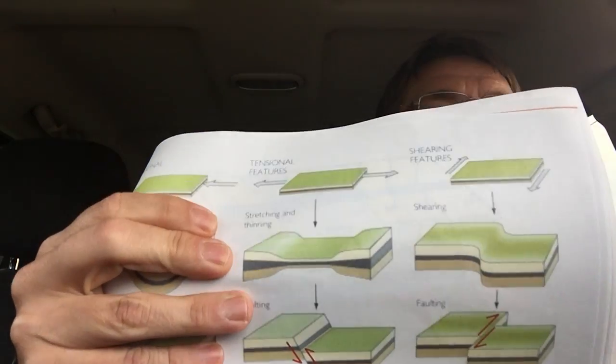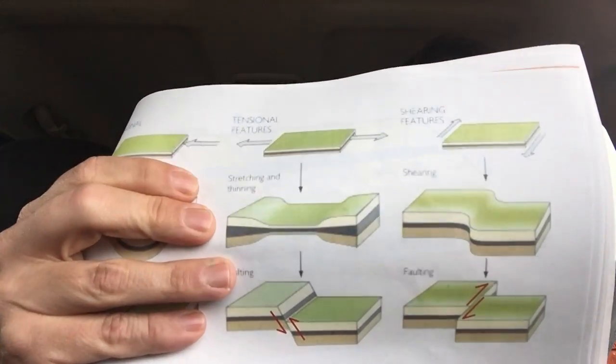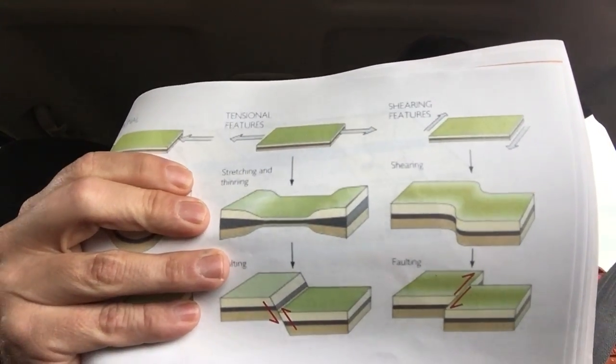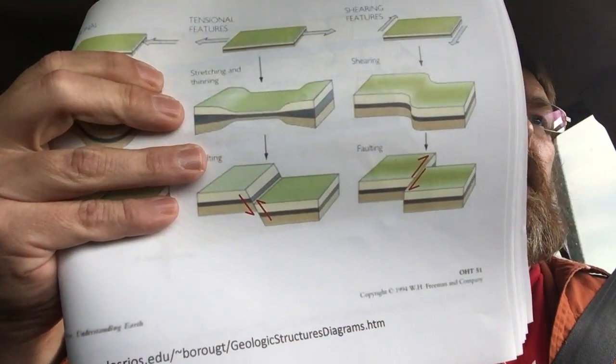Now, tensional forces, that's when the crust is stretched, either through rifting locally or as a compensation for being compressed somewhere else. And the type of faults you get from that are normal faults.